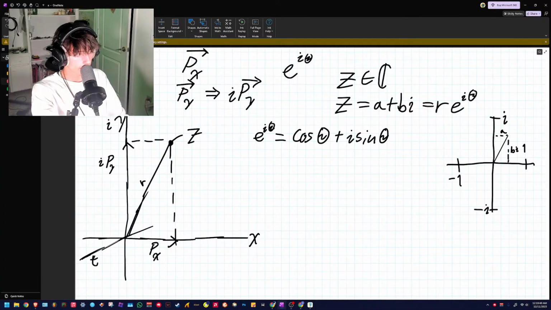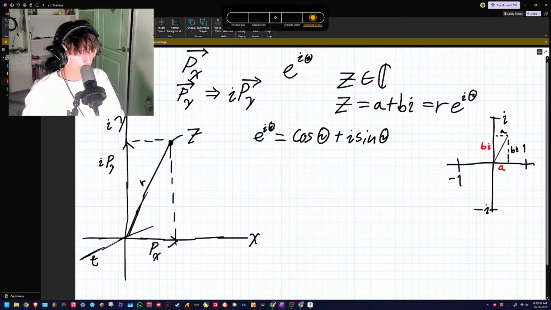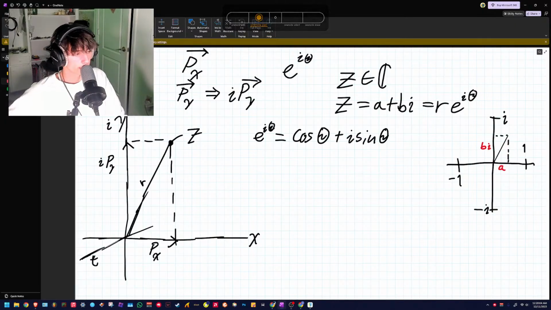So here it goes out a by this much. That's real, right? Let me denote that. A, that's real, and then bi, that's its imaginary part. That's not real. So that's that part, a plus bi, and then that gives us z, right?